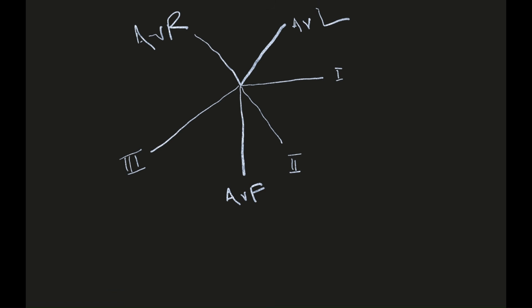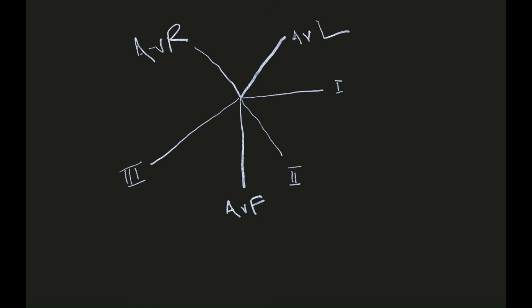Remember that we are going to calculate the axis from those two leads which are at right angles to each other. Actually, we can calculate the axis from any of the leads, but the calculation becomes pretty complicated. So we prefer to take those limb leads which are at right angles to each other. These are their normal axes.